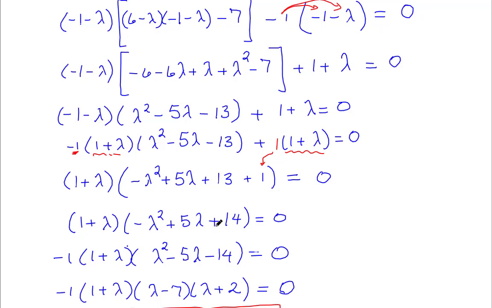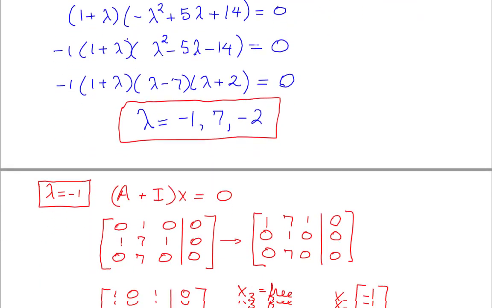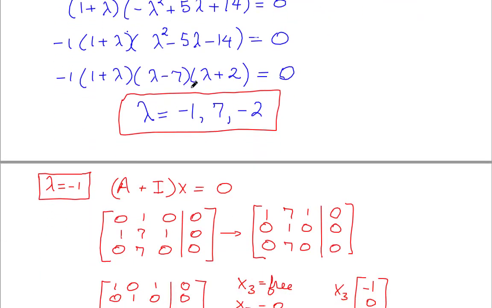Cleaning that up, now I'm going to take the minus 1 back out because I don't really need it. All I need are these pieces. And so this piece is factorable, and I get eigenvalues of minus 1, 7, and minus 2.